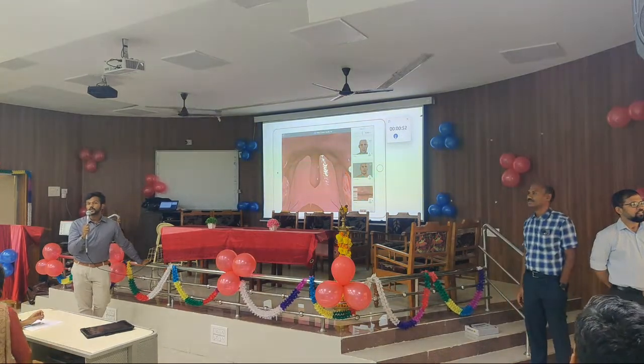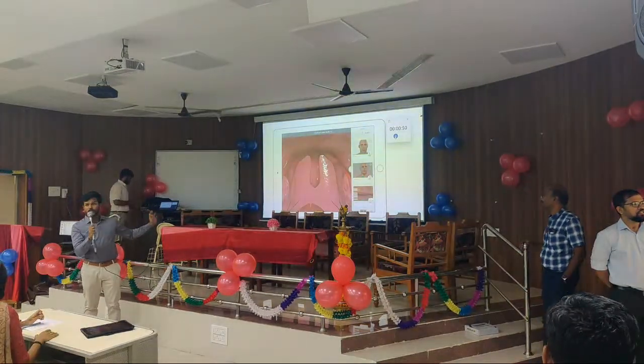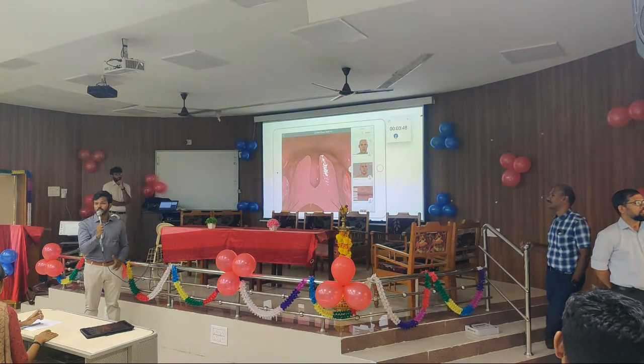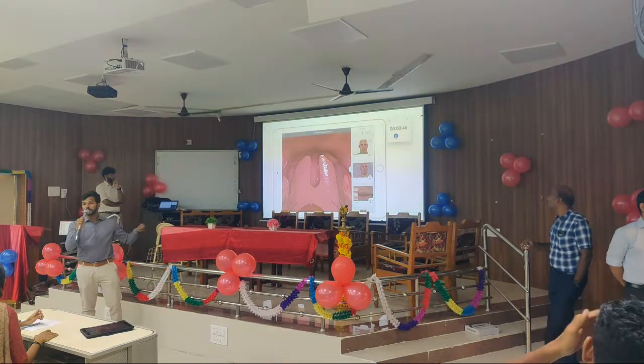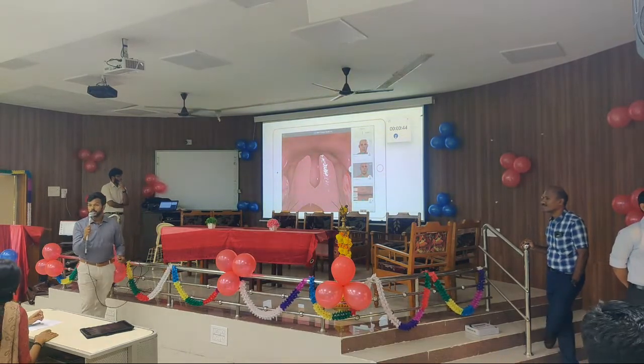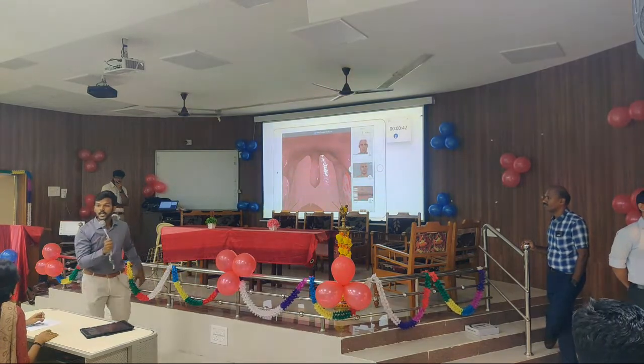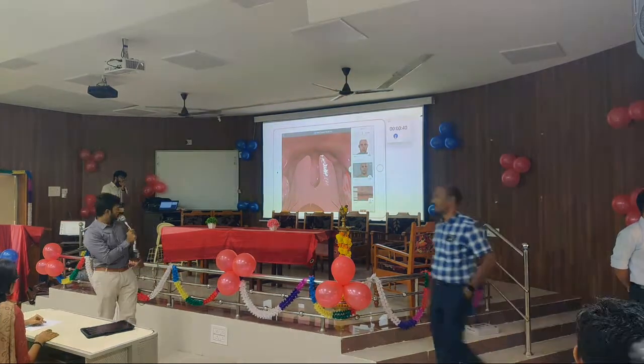You can look at the appearance of the oral cavity and oropharynx, and you can tell the clinical points. Enlarged tonsils. Okay, fine.